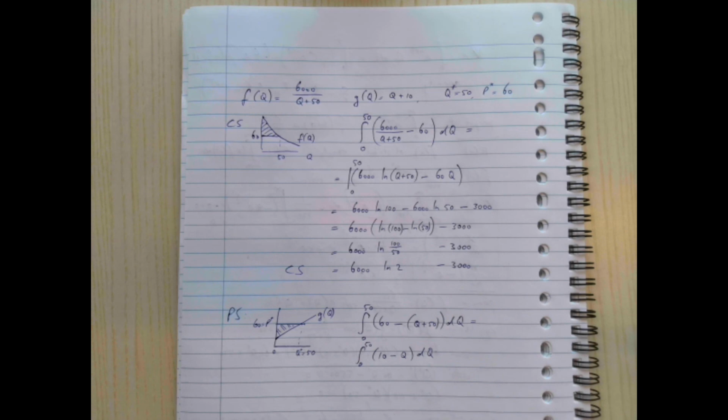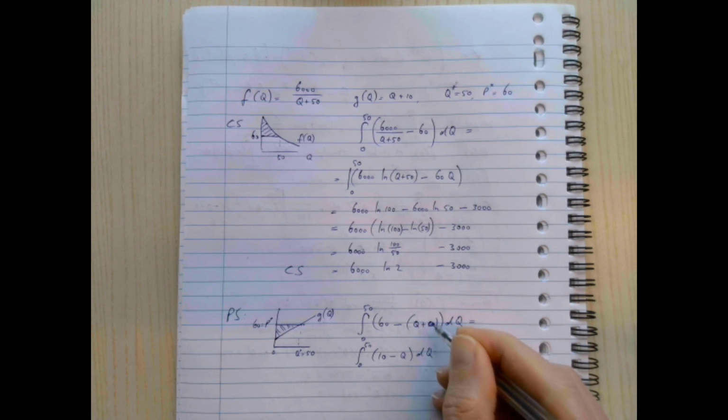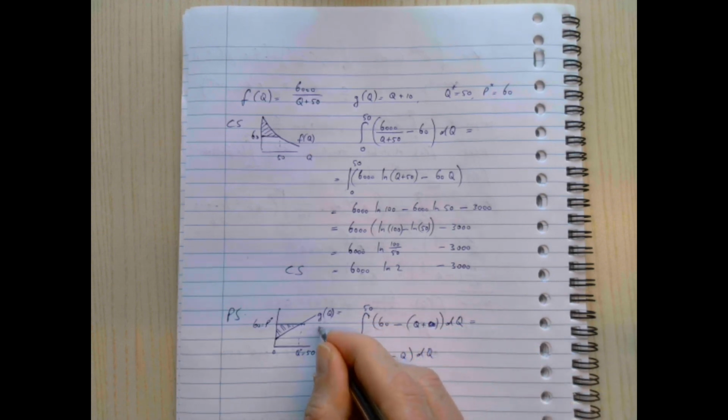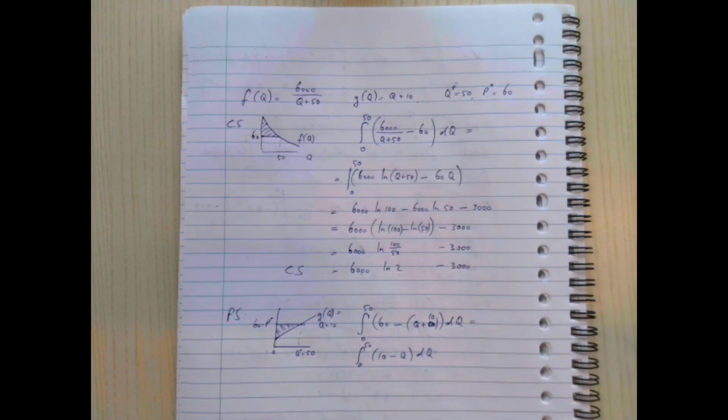Oh, sorry, I'm doing something wrong. I wrote here q plus 50, but that's of course not true. The g of q was actually q plus 10, right? That was the definition of the supply function, so there should be a 10 here. So 60 minus 10 should be 50. 50 minus q. This is the function that I need to integrate for q going from 0 to 50.